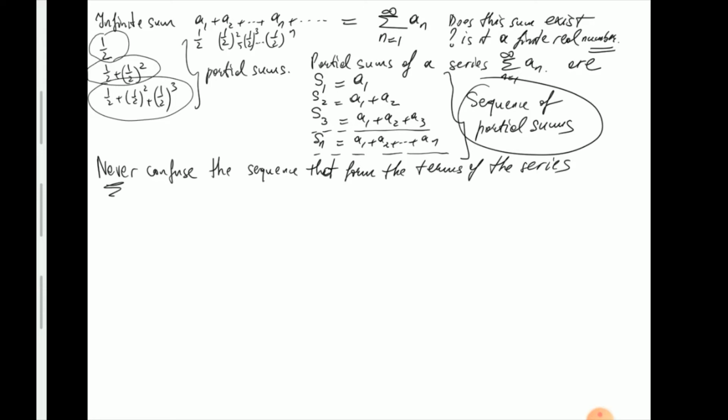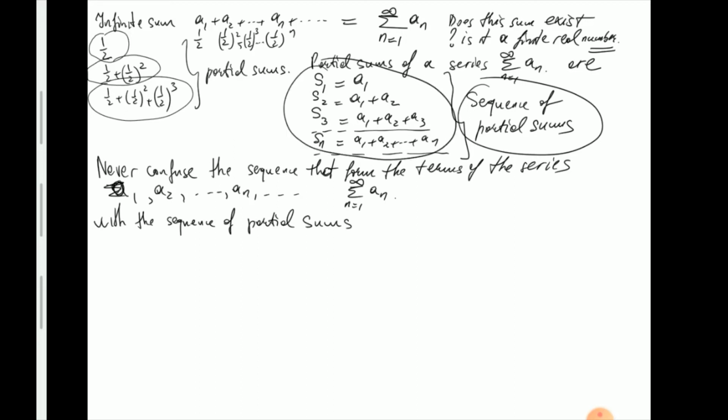That means the sequence A1, A2, An that form the infinite sum, with the sequence of partial sums, which is given over here, right? The sequence of partial sums are, like the name implies, these summations involving the terms of the sequence.